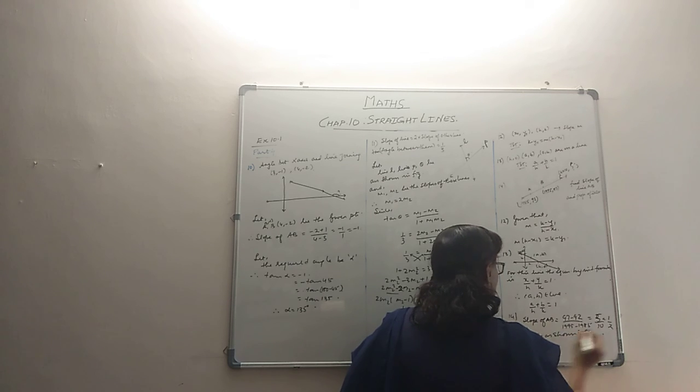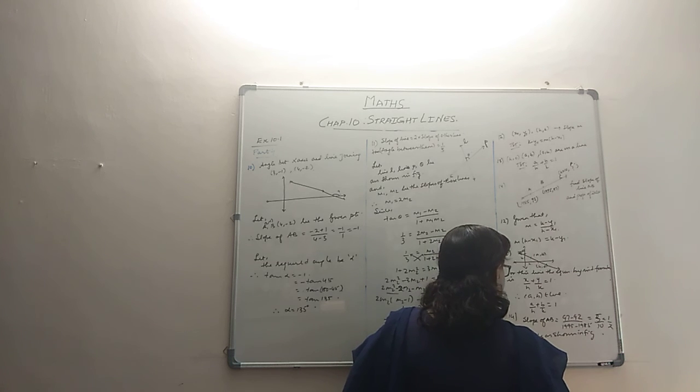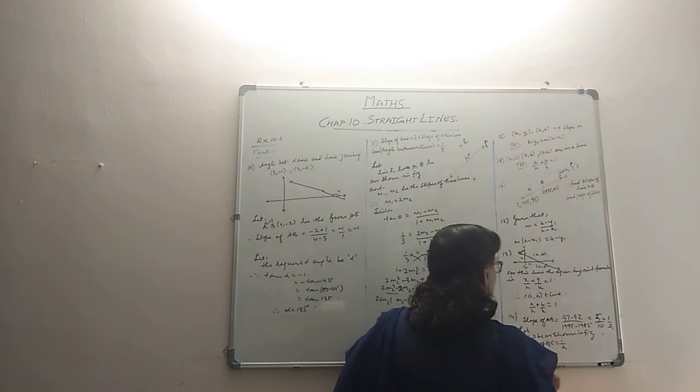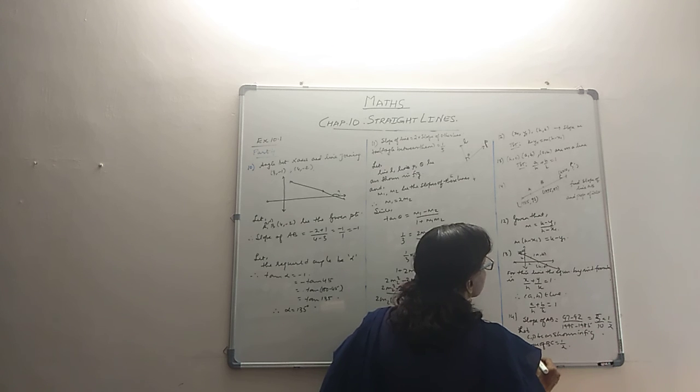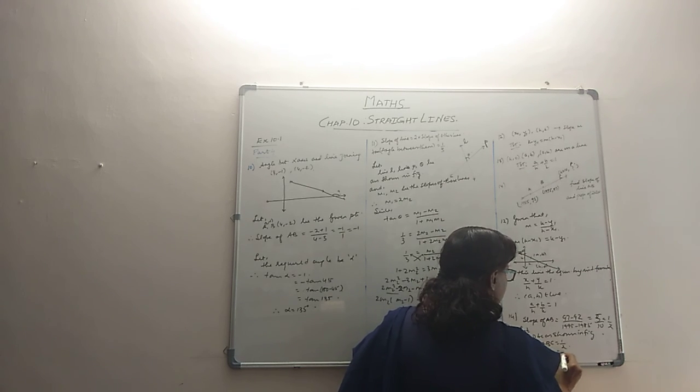Therefore the slope of BC is also half, because it's the same line. So BC, now let's find the slope: (p minus 97) by (2010 minus 1995) is half. So we have to solve this.